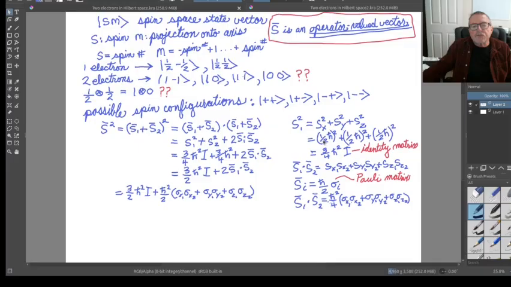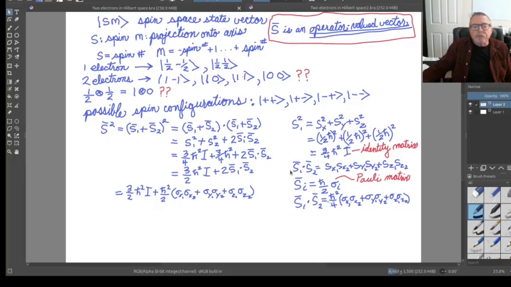So if we square plus or minus 1/2 H bar, we're going to get 1/4 H bar squared, 1/4 H bar squared, 1/4 H bar squared, and that's going to give me 3/4 H bar squared. And then I've got the identity matrix. We'll kind of delay breaking out the identity matrix for a little bit later.